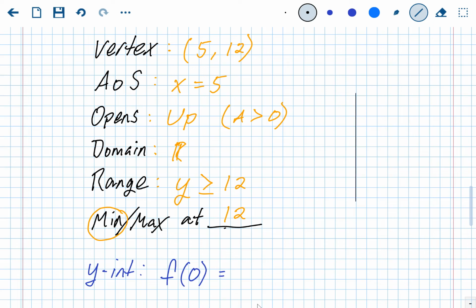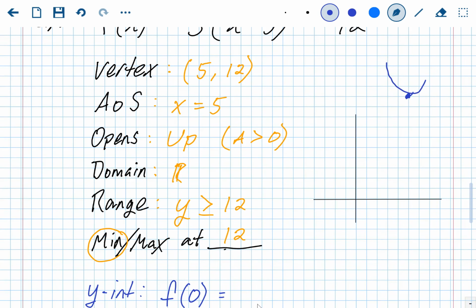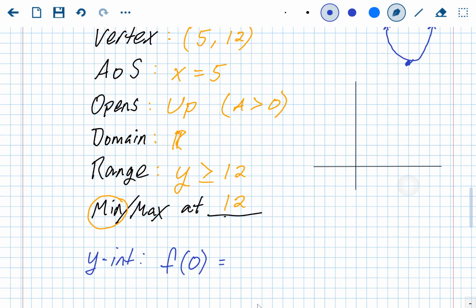I'm not even going to count this out, but 5, 12 is going to be somewhere way up here, and this parabola is going to open up. So our y-intercept, we're pretty far from the y-axis right now. Our y-intercept is probably going to be fairly big.